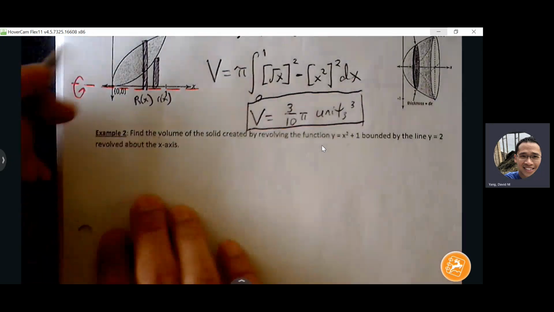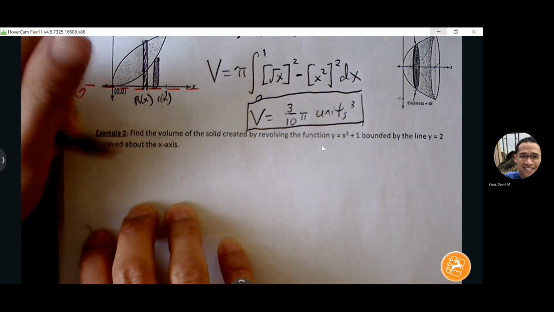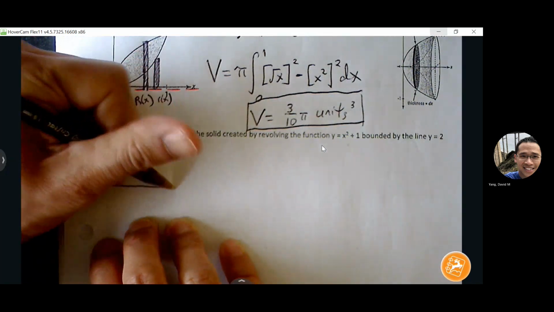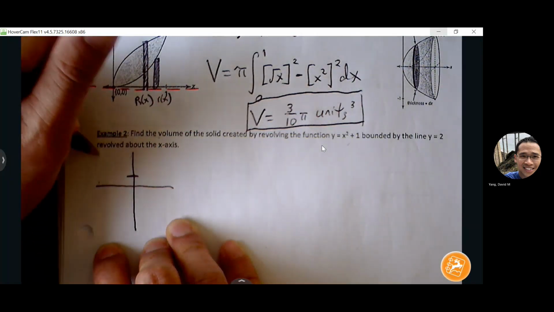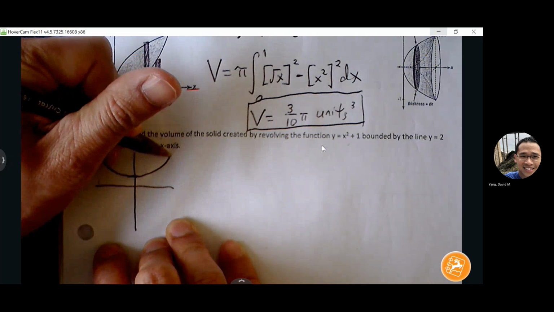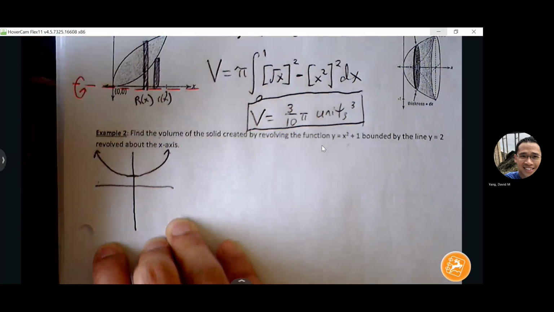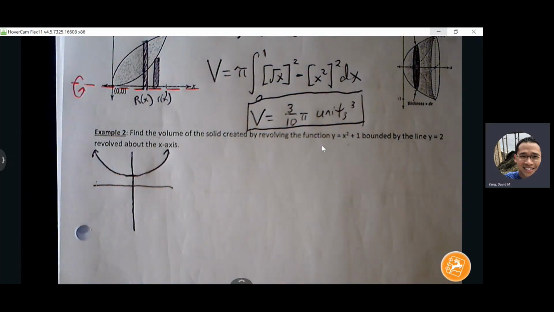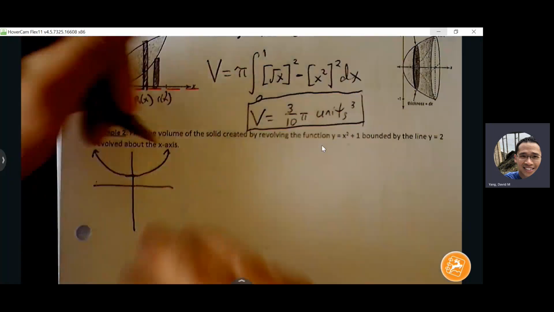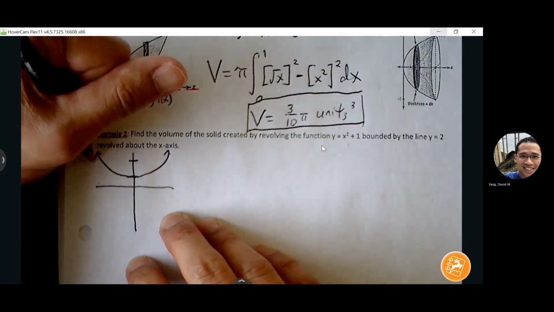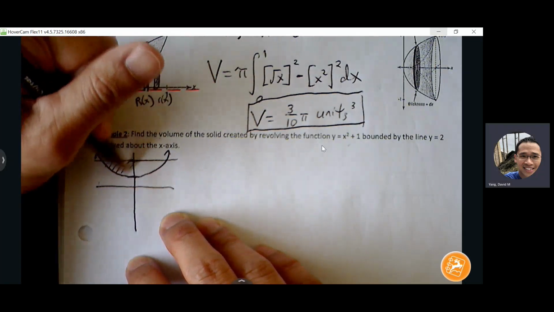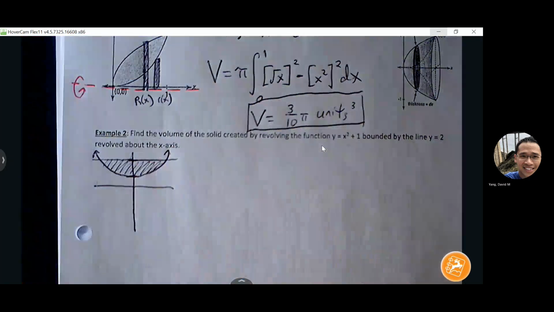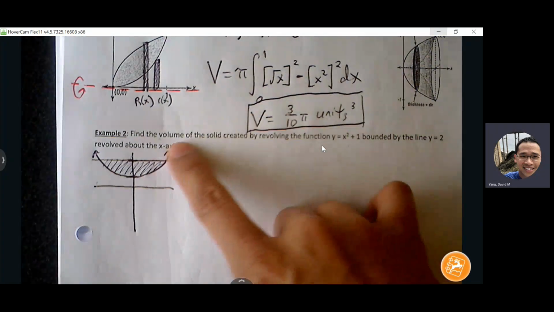Okay, so here's y equals x squared plus 1. There's my parabola, y equals 2, that's a horizontal line. Okay, so there's my shaded region. I'm going to rotate it about the x-axis.